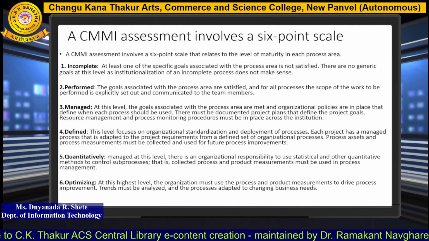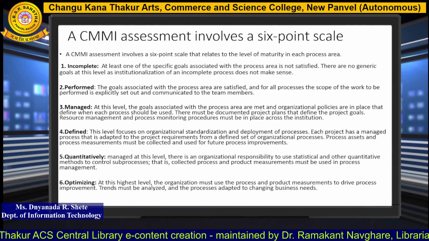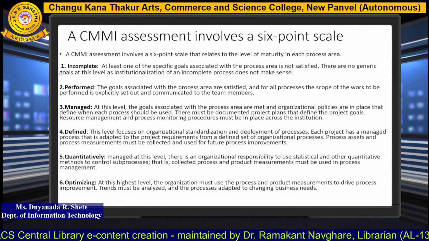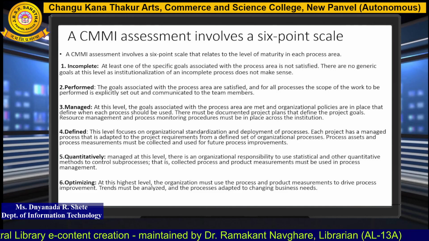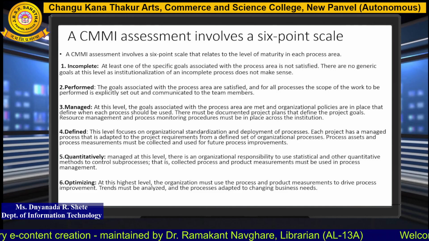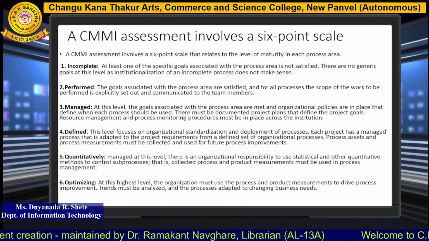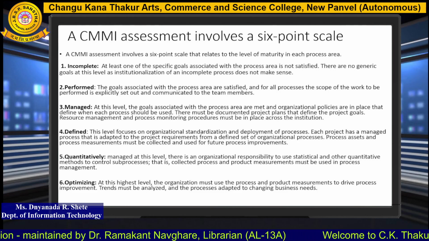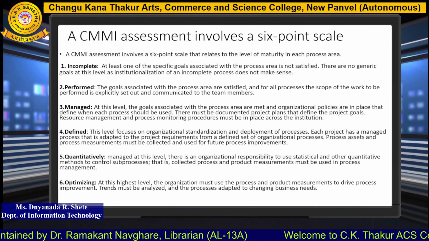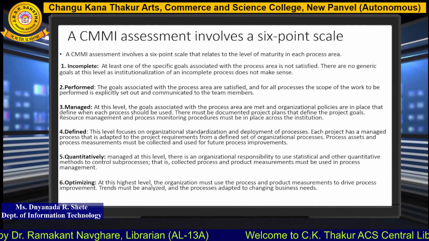So what does a 1 to 5 maturity level mean? Besides these, one more point is included in this maturity level, optimization also. So this CMMI assessment involves a 6-point scale related to the level of maturity in each process area.